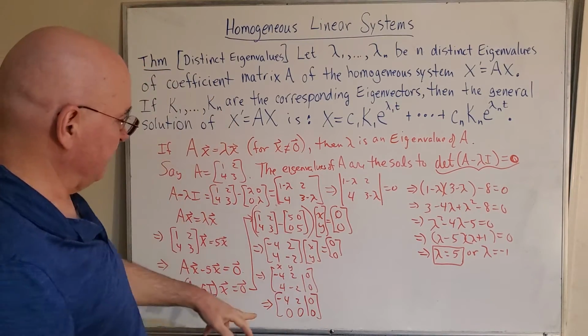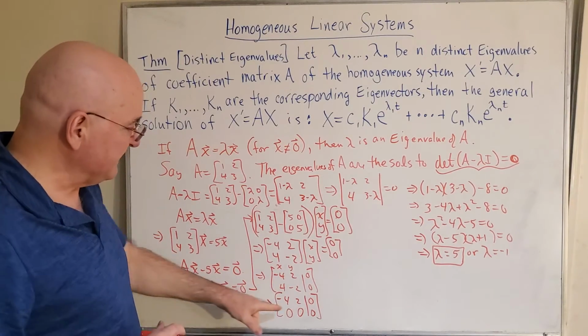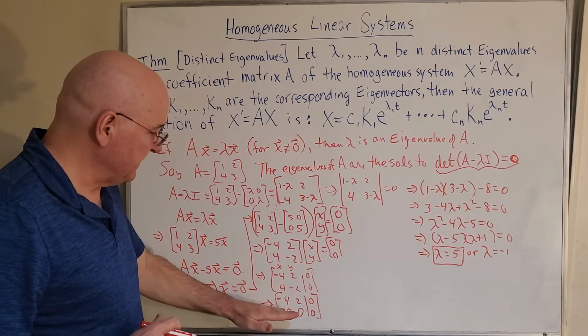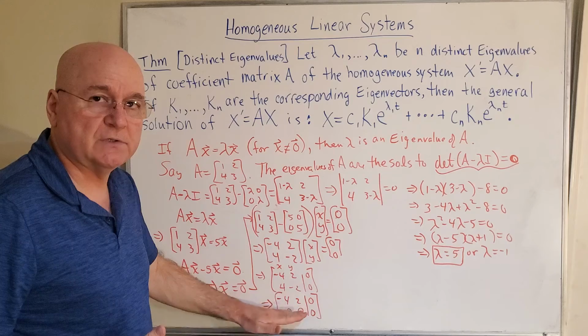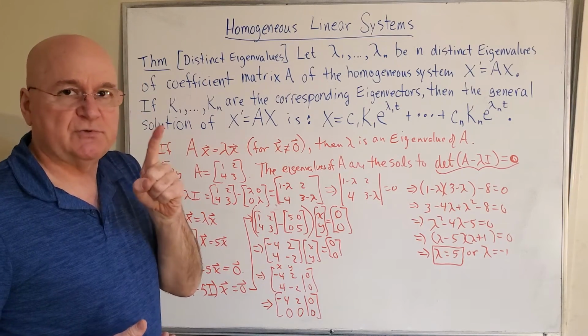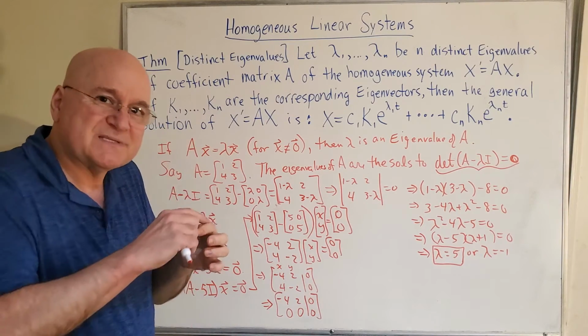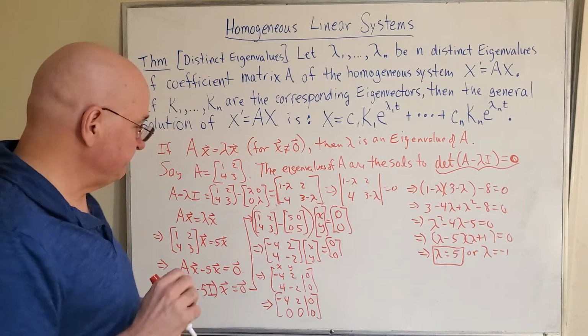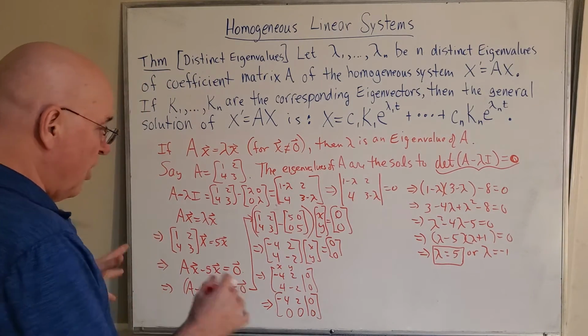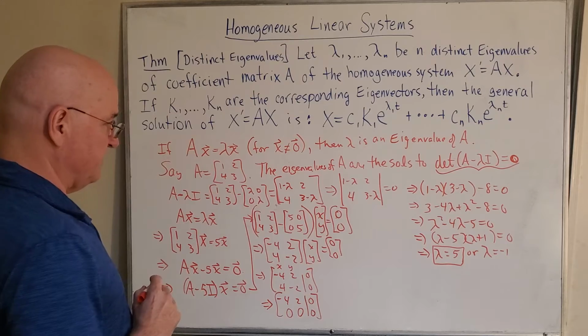And by the way, it's perfectly normal to get a row of zeros here. If I had two what are called linearly independent rows, I would get exactly one solution, one eigenvector. We're always going to get an infinite number of eigenvectors. So all we need to do is solve that top equation.